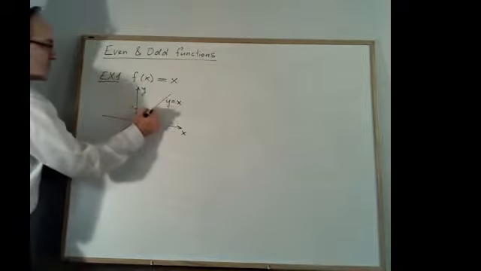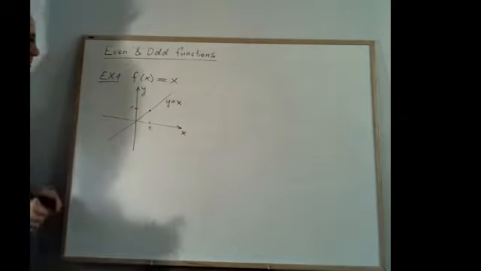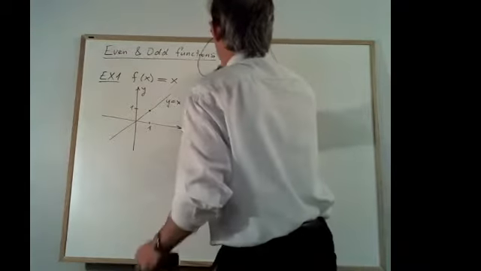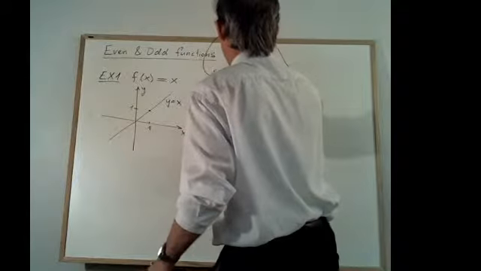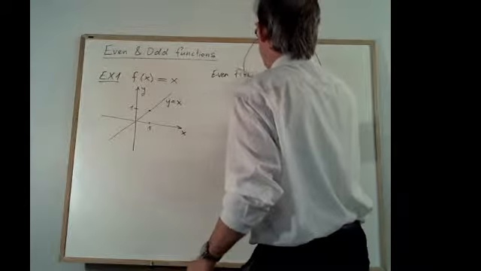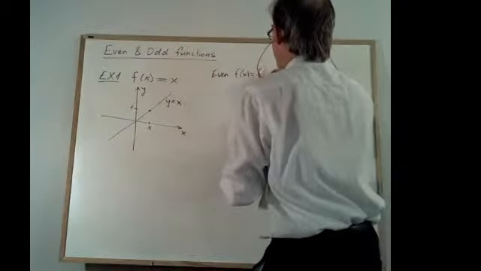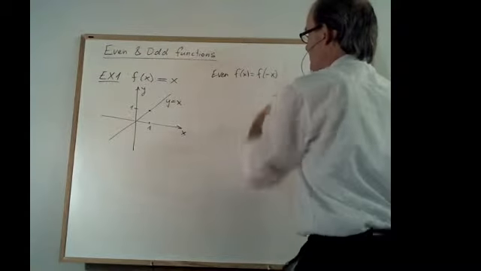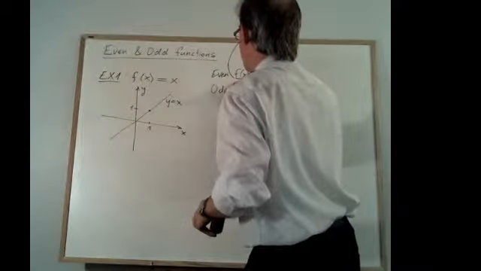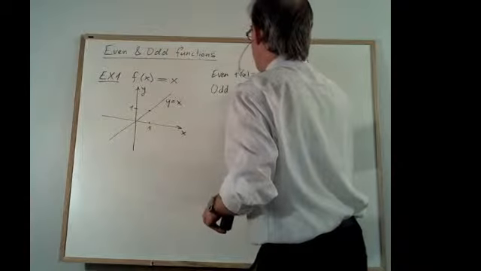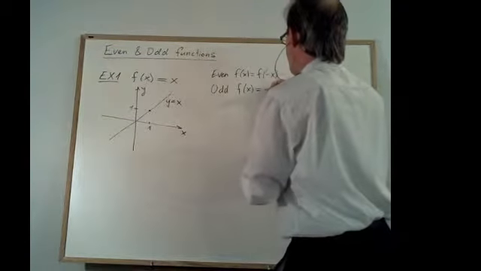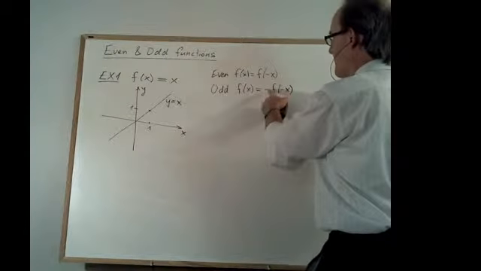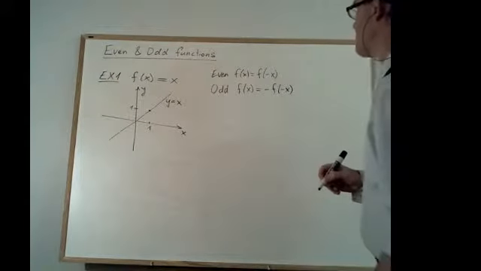Well, what you do is you plug in. If it's even, the condition is that f of x is equal to f of minus x. So the minus sign appears just with the x inside. If it's odd, then the relation is f of x is equal to minus f of minus x. So there's a minus sign inside and also a minus sign outside.